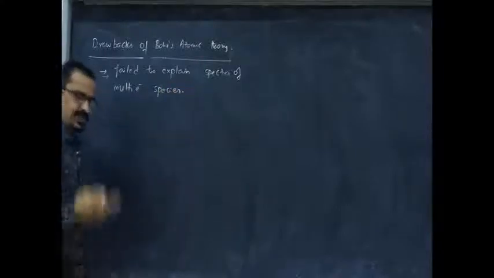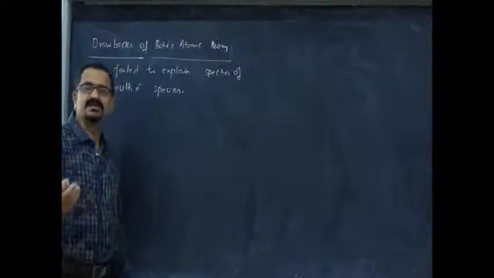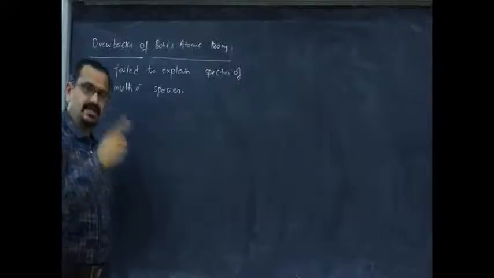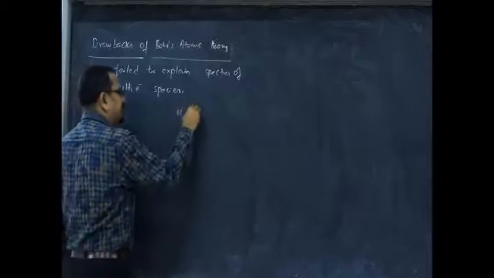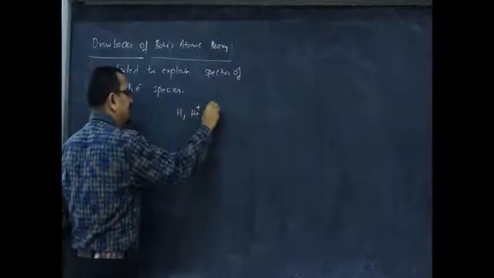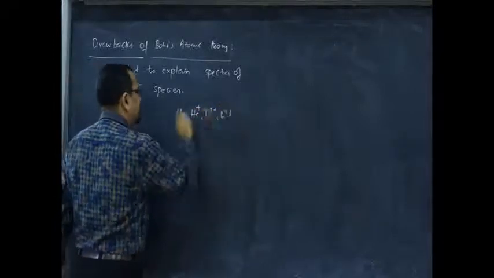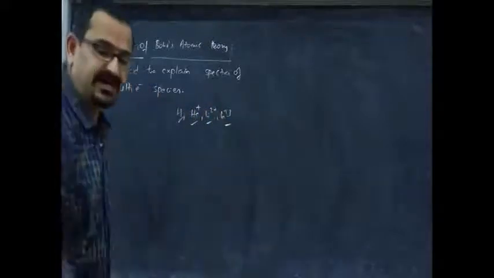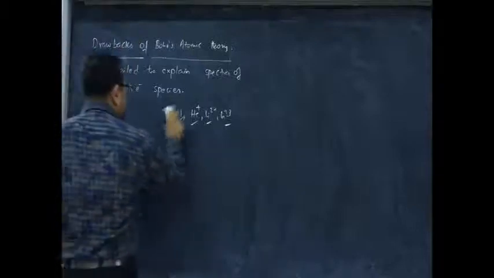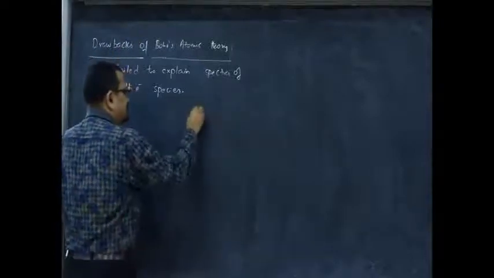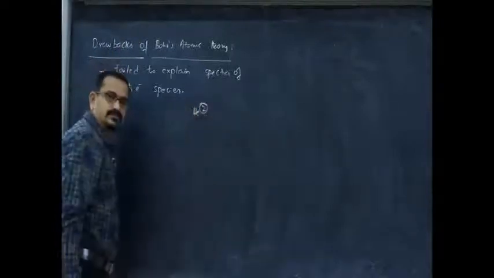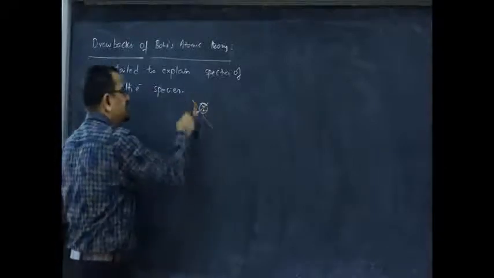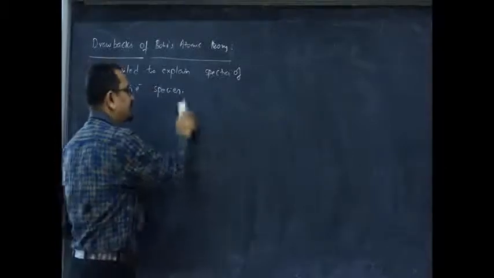For example, Bohr's model satisfactorily explained the spectra of hydrogen, helium plus, Li2 plus and Be3 plus, etc. They are all satisfactorily explained, but it failed to explain the spectra of multi-electron species. For example, helium has two electrons, and its spectra was not explained. That was the main drawback.